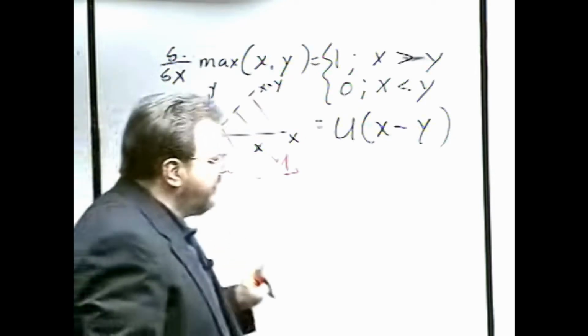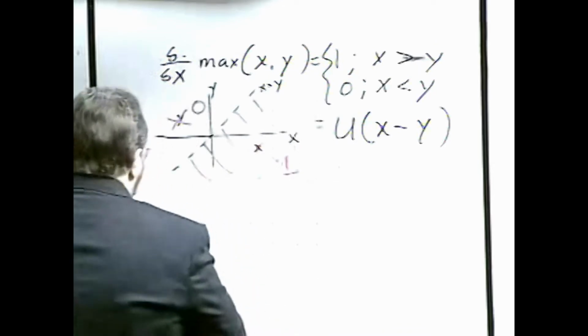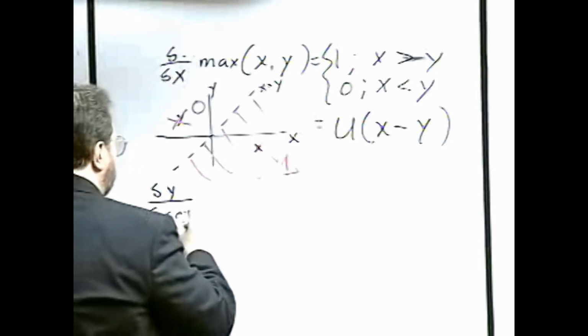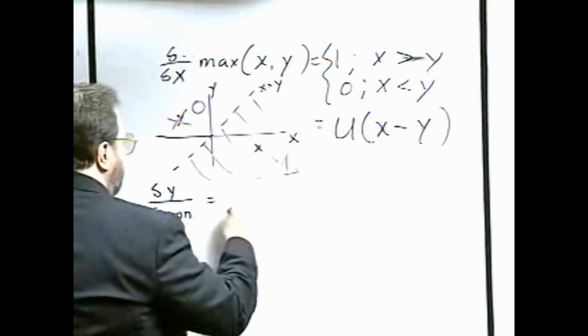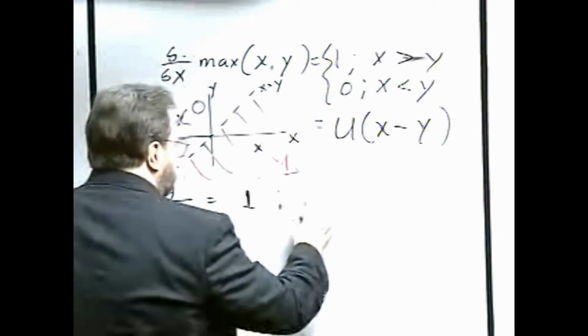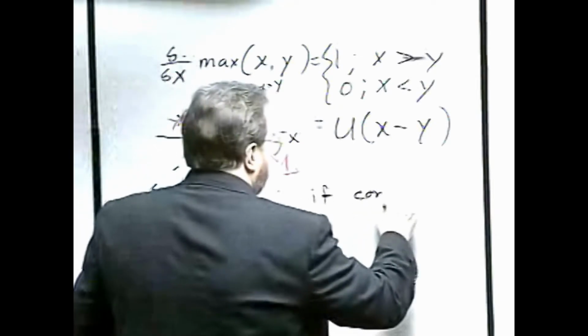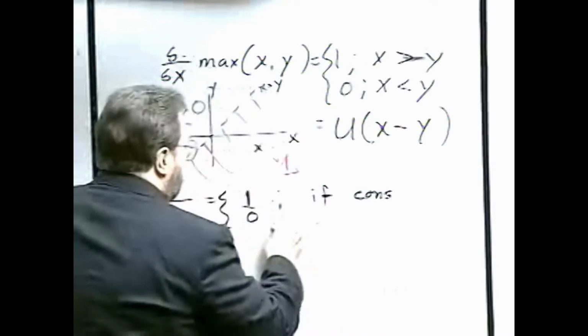So what does this mean? This means that the partial of y with respect to each one of the consequents is equal to 1 if the value was the maximum consequent, and it's equal to 0 otherwise.